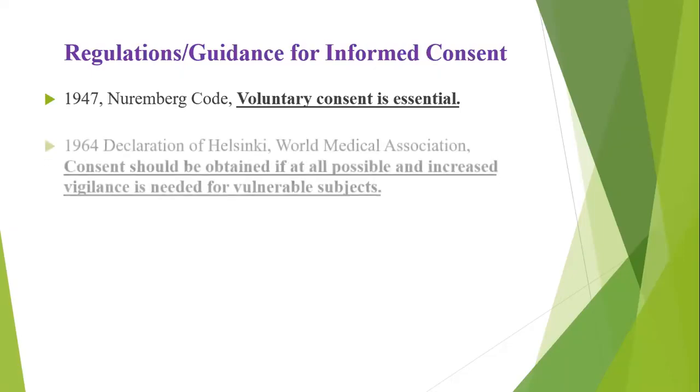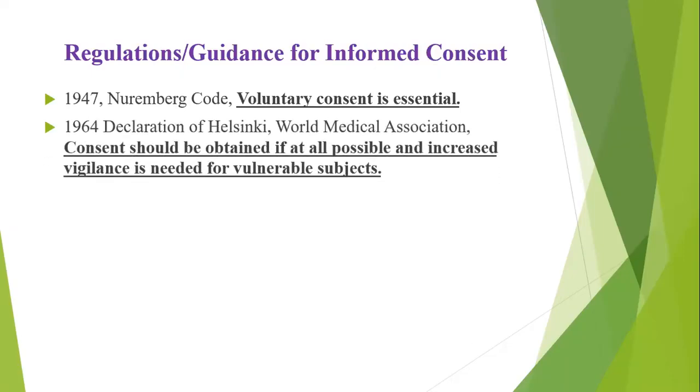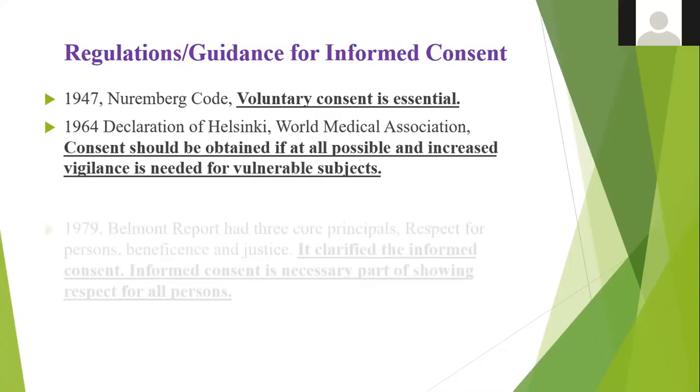In 1964, the World Medical Association gave us the Declaration of Helsinki, and the main point in this document was that consent should be obtained if at all possible, and increased vigilance is needed for vulnerable subjects.